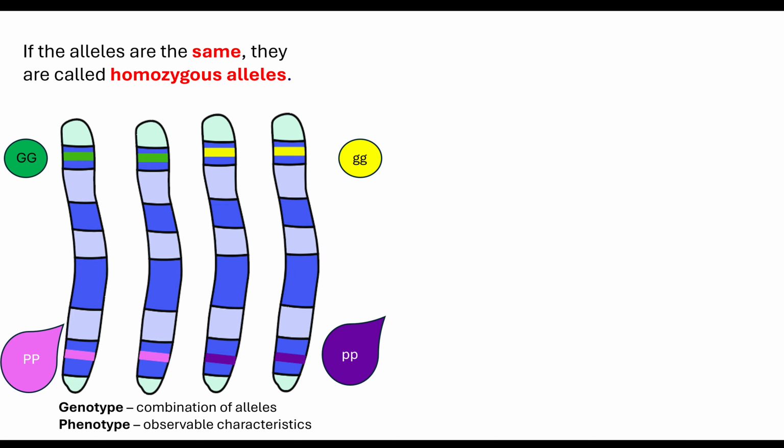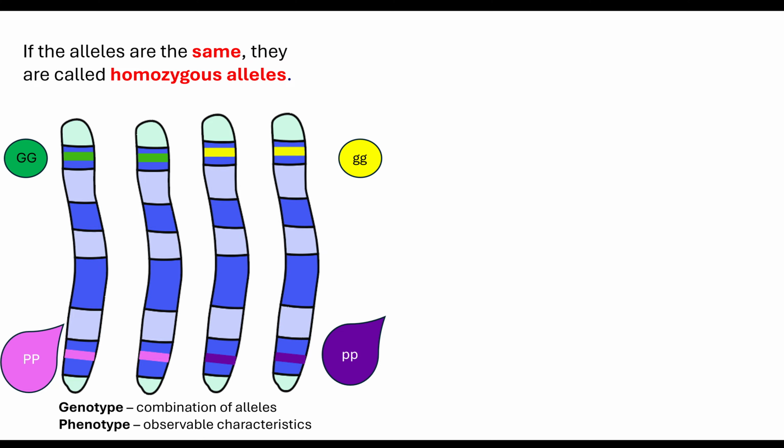If we're looking at the petal color, we've got capital P, therefore our phenotype would be pink. Now, they are homozygous alleles because the alleles are the same. So that would be homozygous dominant, or I can have homozygous recessive: small g, yellow, small p, purple.